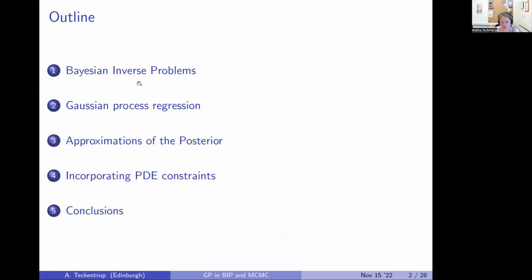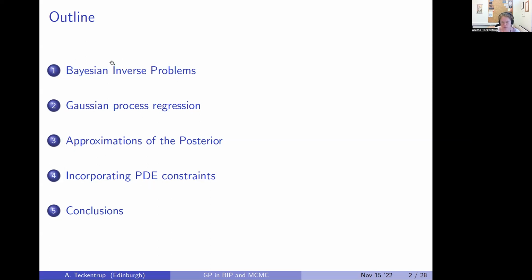So the posterior distribution, which is the solution to this Bayesian inverse problem, is something that's usually quite complicated to deal with in practice. And so you have to use approximations which are more easily computable in practice. And then in the end, I'll talk a little bit about how this works specifically for inverse problems in PDEs.